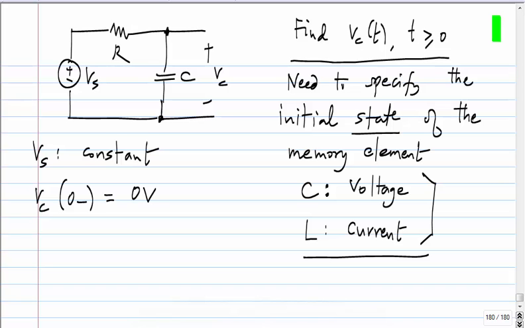Why will it flow? Let us stay with voltages and currents here. How much current will flow through the capacitor? It is whatever is flowing in the resistor. And just after t equal to 0, what is the current in the resistor?